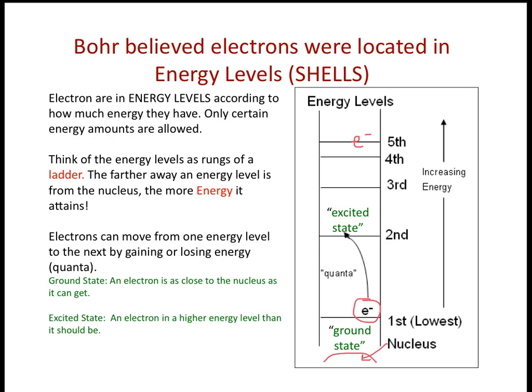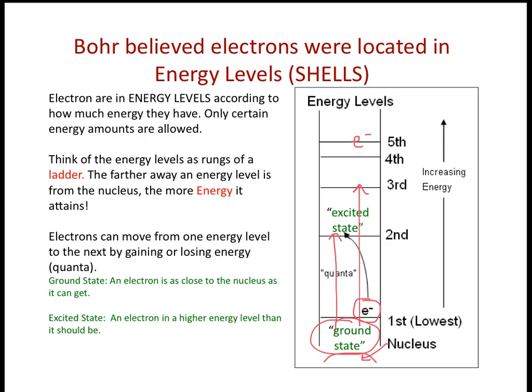And what we've determined is that electrons like to have the lowest energy level possible. They want to have the lowest energy state, which we call the ground state. When electrons are in their ground state, they are going to be as close to the nucleus as feasibly possible. And when they get extra energy, they will be able to jump up to higher energy levels.